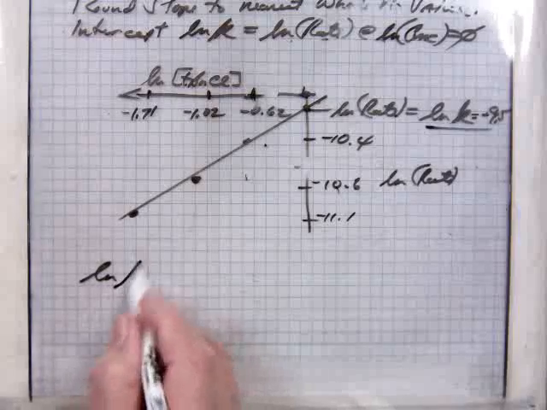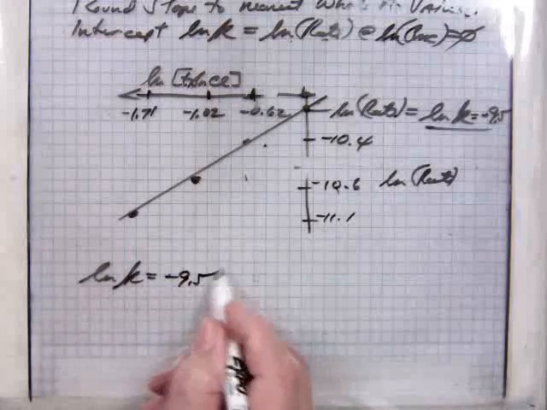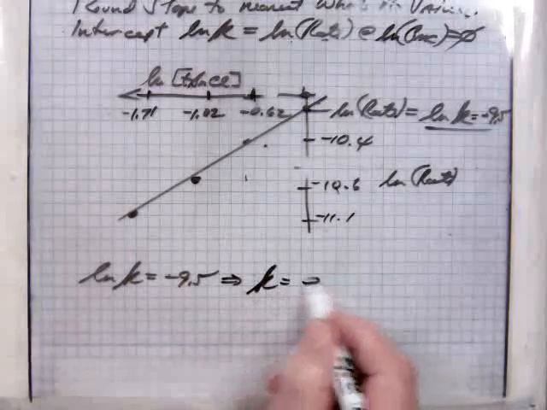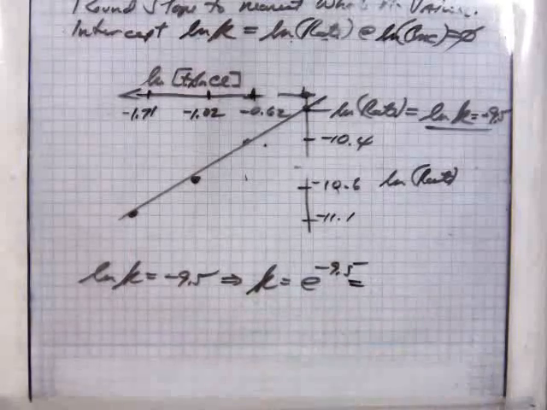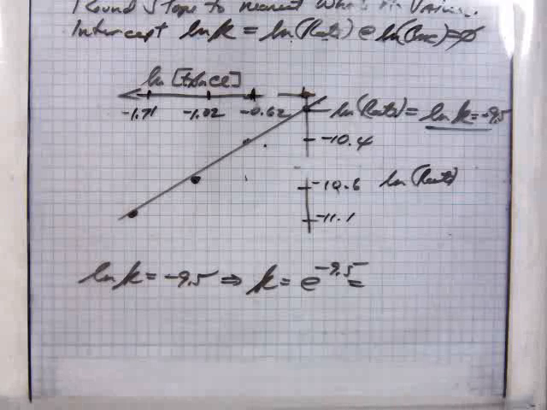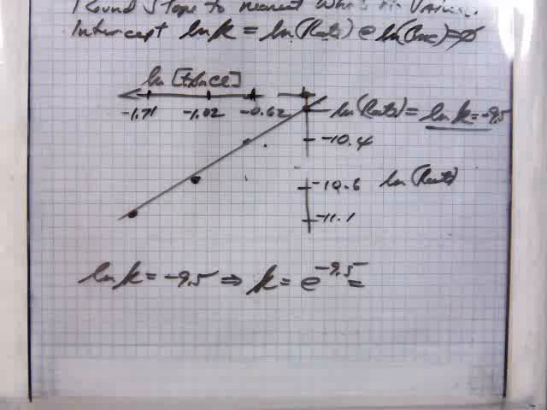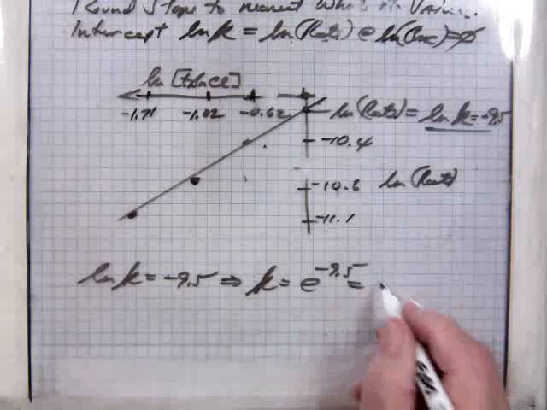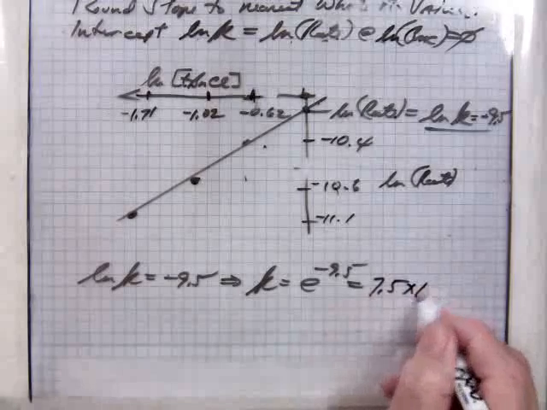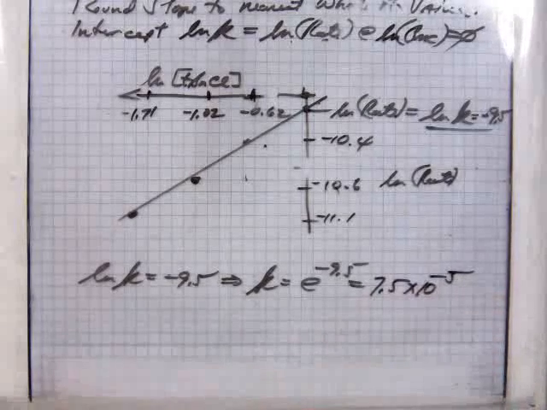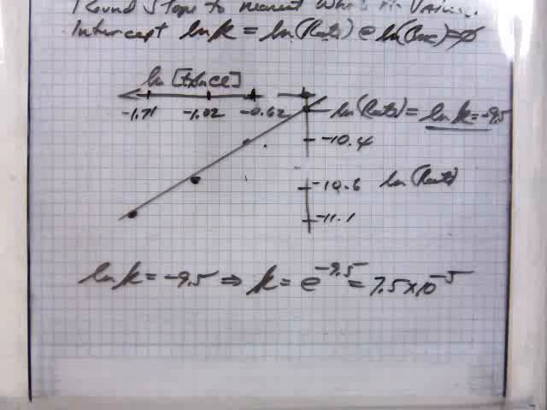So ln of k equals minus 9.5, which gives us a k value, e to the minus 9.5, and whatever that comes out to be. Yeah, that's 7.5 times 10 to the minus 5. So there's your k value based on 1 mL, 2 mL, 3 mL injections.